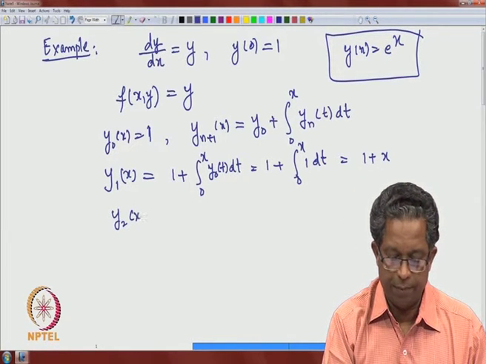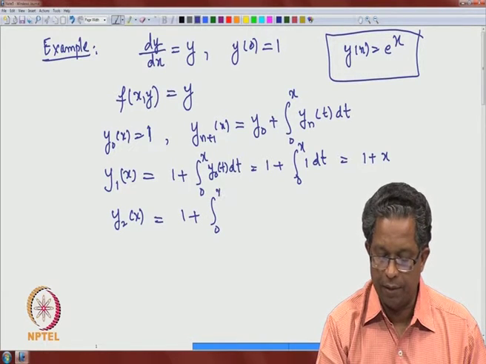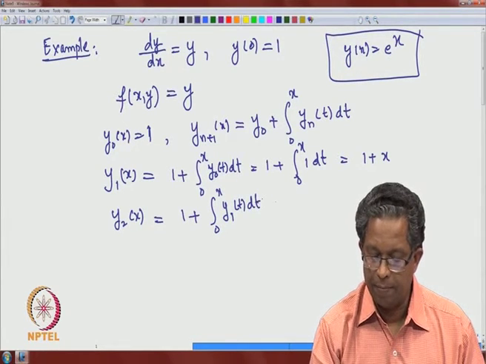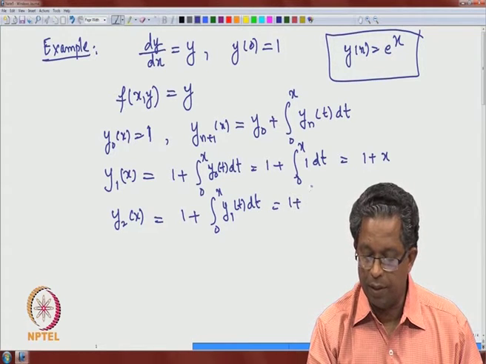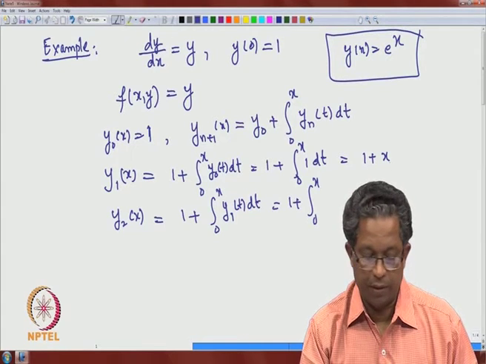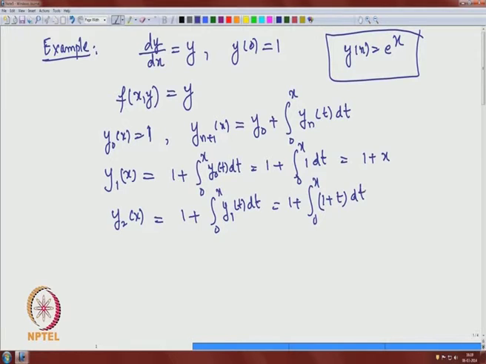And y_2(x) is again 1 plus the integral from 0 to x of y_1(t) dt, which is 1 plus the integral from 0 to x of (1 plus t) dt, which is equal to 1 plus x plus x square by 2.